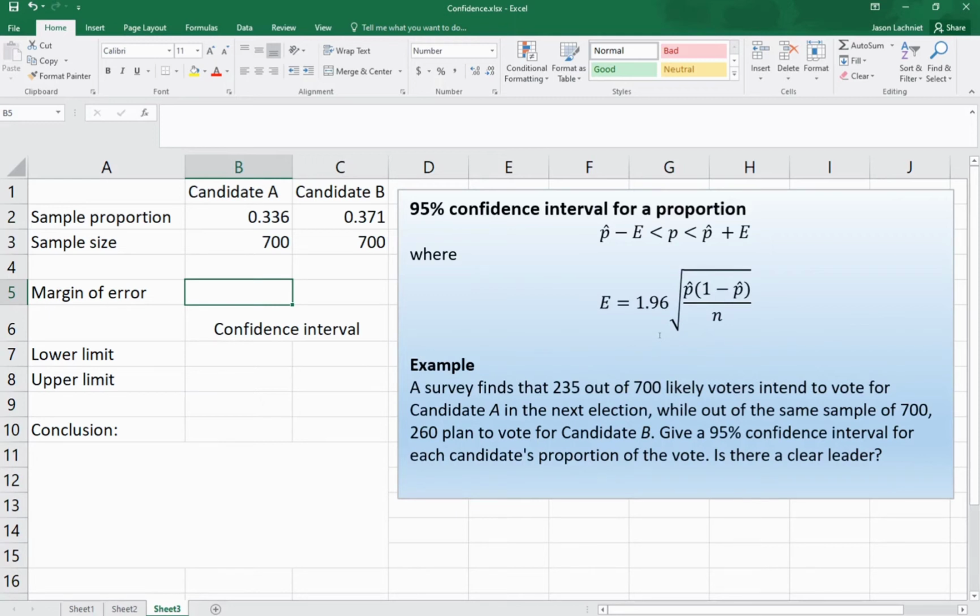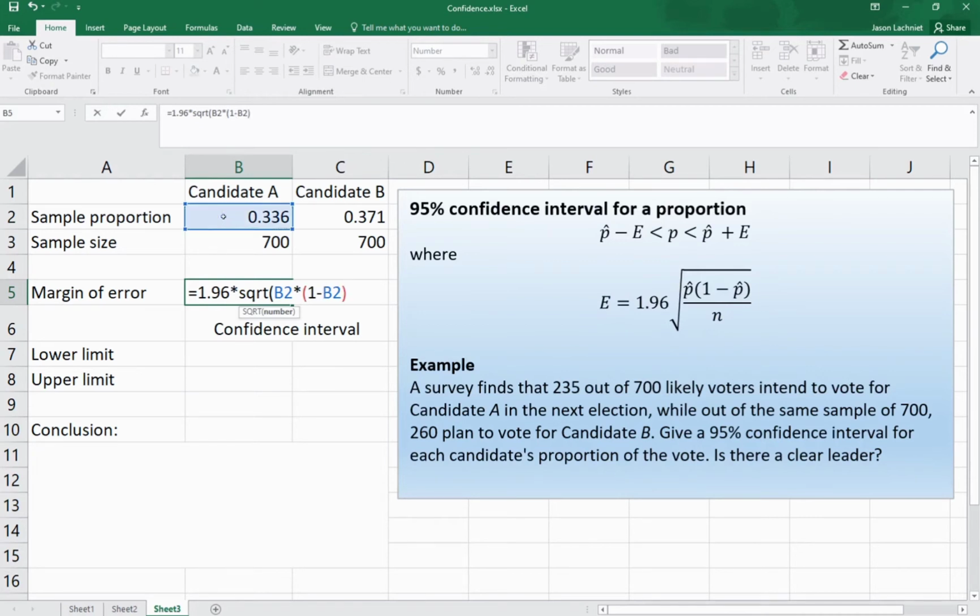I'm going to calculate that here in my worksheet, typing an equal sign to begin my computation. 1.96, which corresponds to 95% confidence. Multiply that by the square root of the sample proportion. I'll click up here on our sample proportion for candidate A, 0.336. I'm going to multiply that by 1 minus the sample proportion for candidate A, that same 0.336 in that same position.